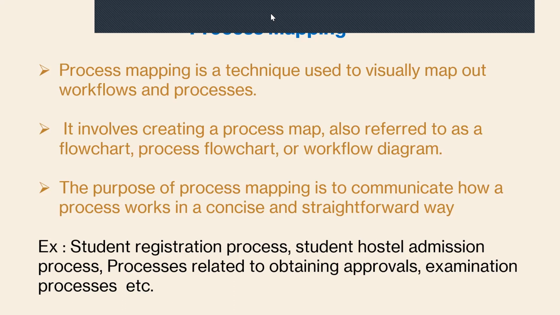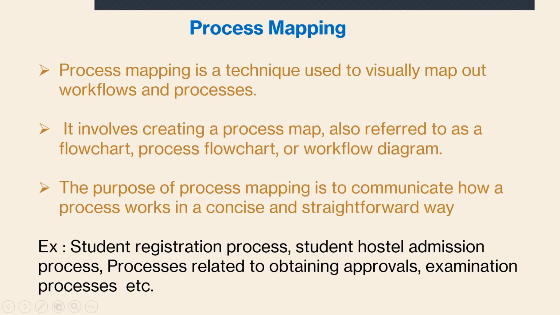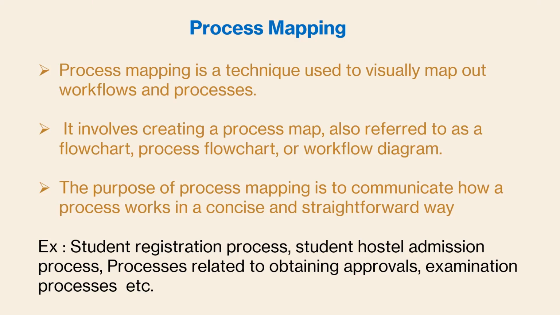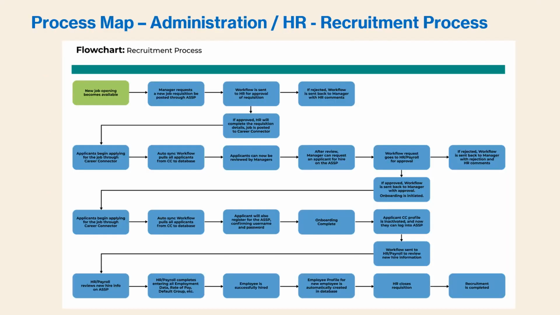So think about those processes. It's getting complex. So our task is to draw everything on a piece of paper and see the opportunities that we can find in order to improve those processes.